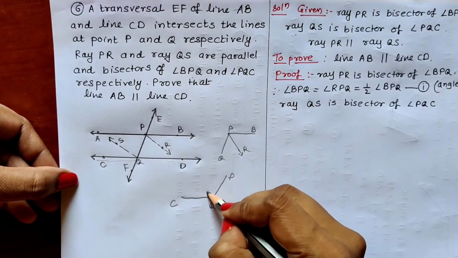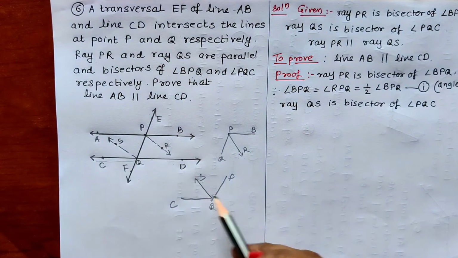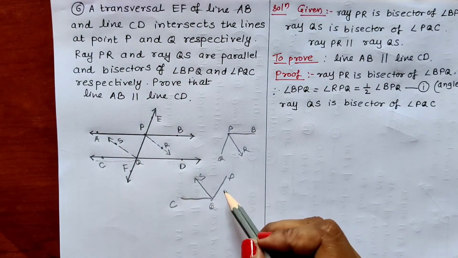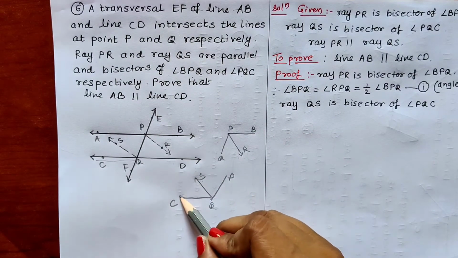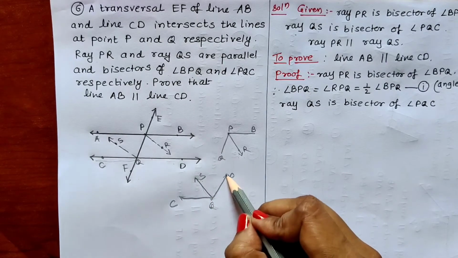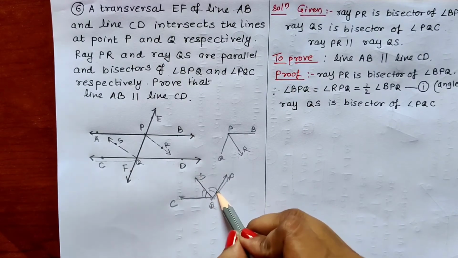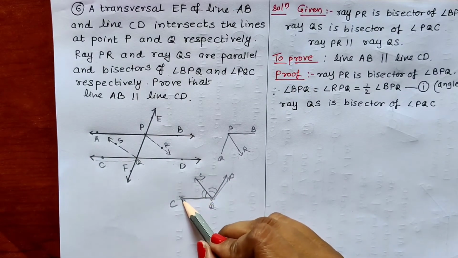And QS is bisector. So due to this QS, PQC is divided into two equal angles. Which two equal angles we can see here? CQS and SQP. Correct? These two equal angles we can see. And these two equal angles will be half of this bigger angle PQC.